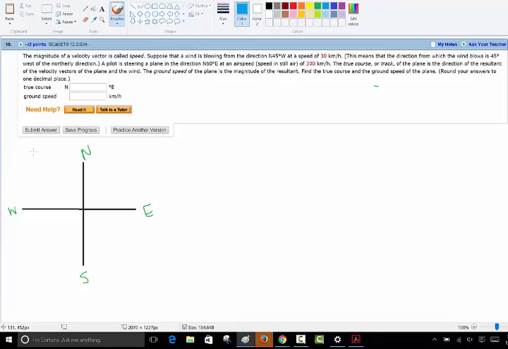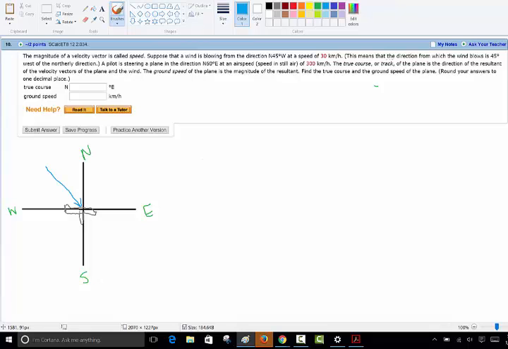But it's blowing from that direction. So say your plane is right here. That's a horrible plane, but okay. The wind is blowing this way. It's coming from this direction, so it's acting on the plane like this.